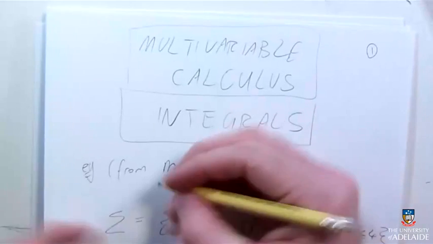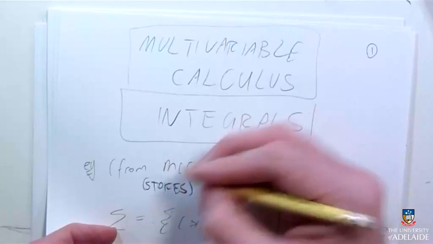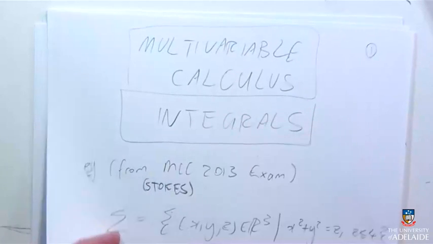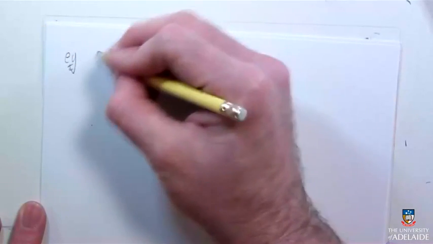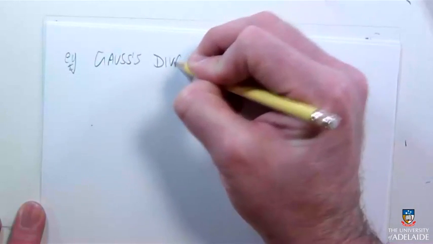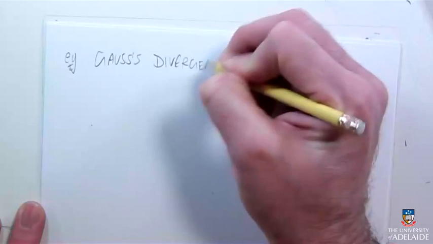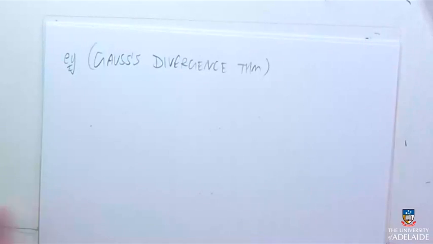I'm just going to go back to the beginning and say this one was a Stokes theorem thing. So I just need an example of that. Has anyone got one?